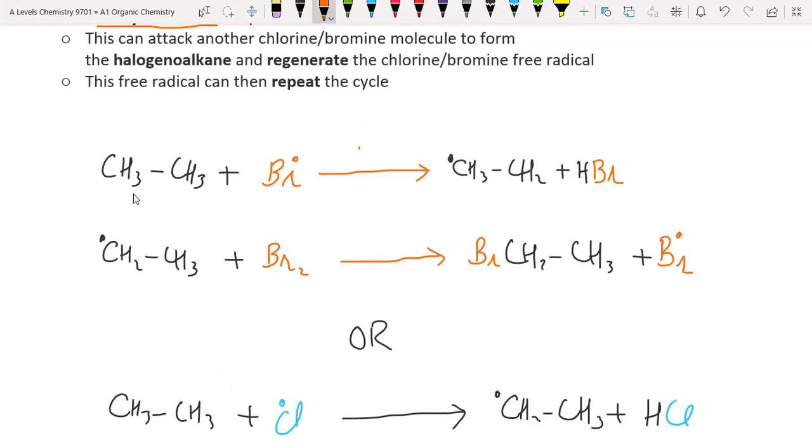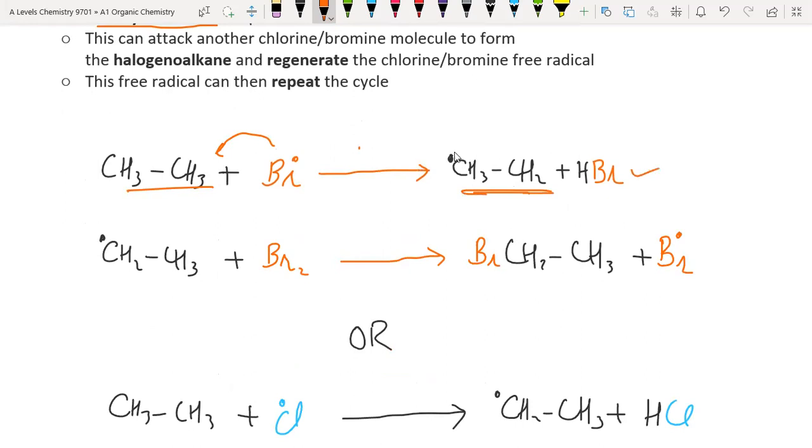Let's suppose this is an alkane, which is unreactive. It is attacked by this bromine radical. This bromine radical will remove a hydrogen from the alkane and produce HBr and an alkyl radical.